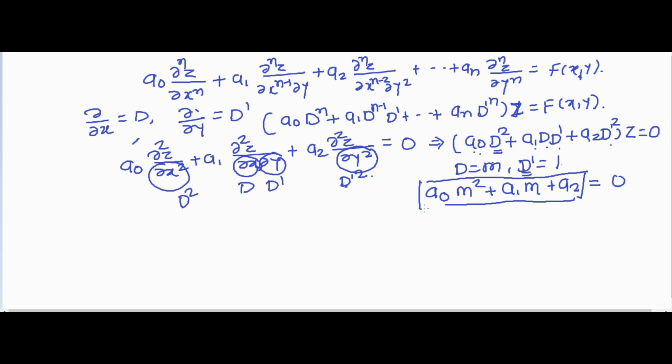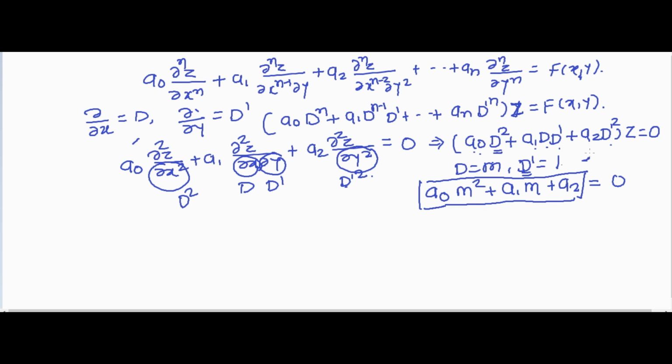This is important, and whenever you are able to find this algebraic equation, half of the work is done and you will be very close to the solution. The total differential equation is now reduced to an algebraic equation.